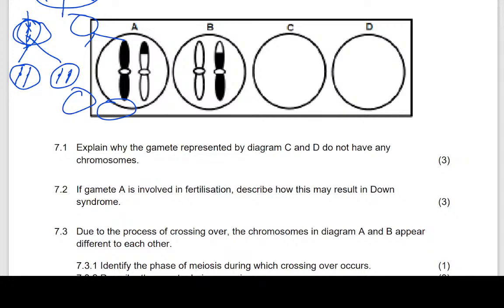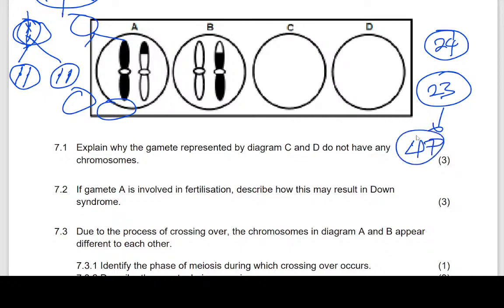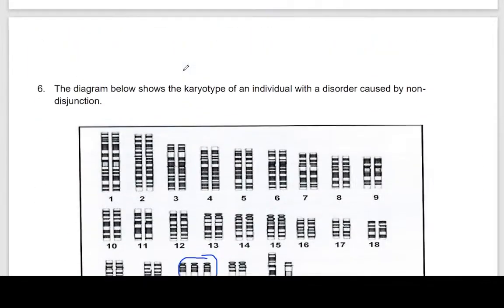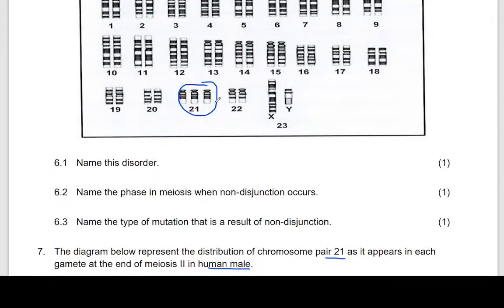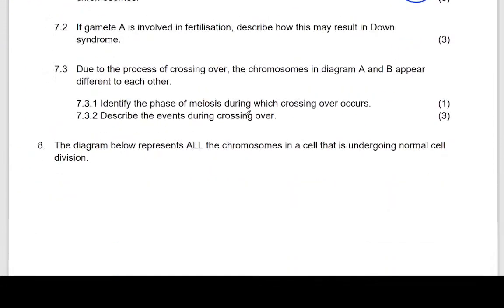It means that if this one has gamete A, it has 24. If it fertilizes the normal gamete, which is 23, the ovum, so the individual is going to have 47. Actually, this is what they are showing you here. It's going to have an extra, hence Down syndrome.